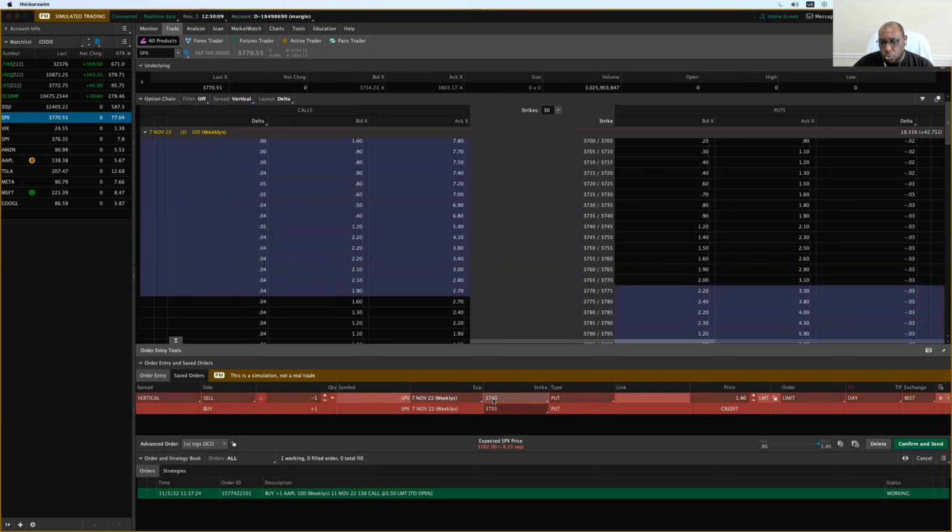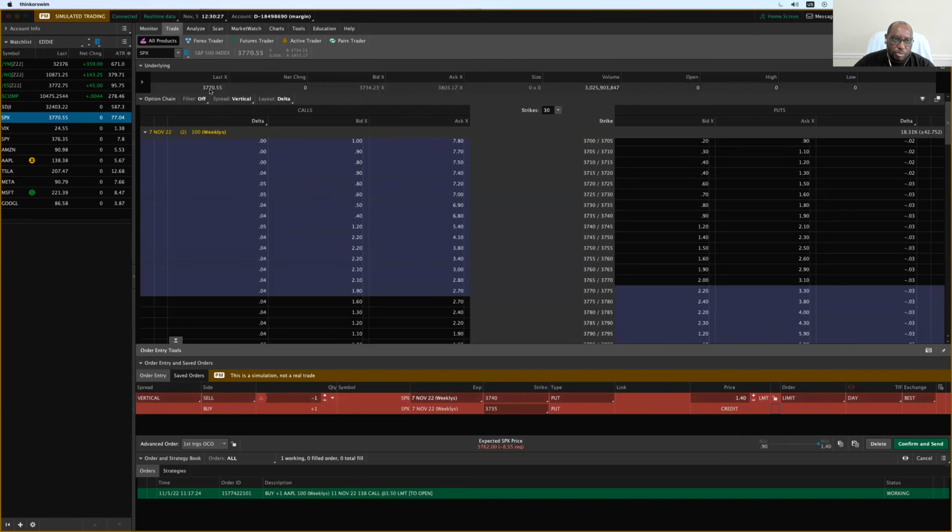As price moves towards 3740, what's happening? The value of this spread is increasing, from 140 to 145 and so on and so forth, right? But as price moves away from 3740, meaning the price of the underlying is going from 70 to 80 and 85 and so on, the value of the spread is decreasing. So that's why we want to be as far away. Remember, this strategy is sell high, buy low.